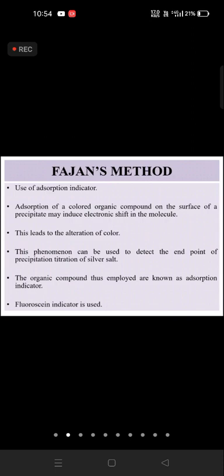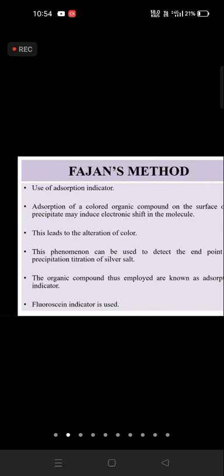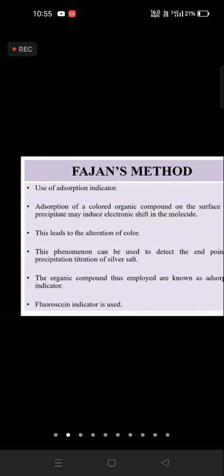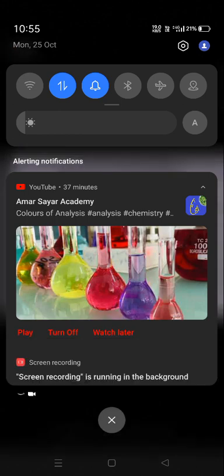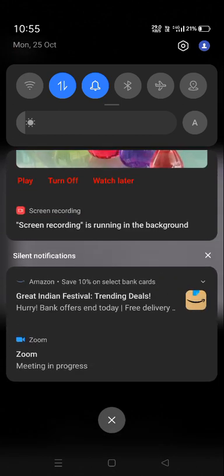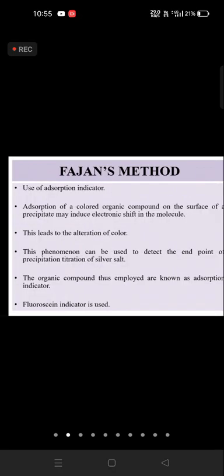But in case of Fajan's method, when you are using an adsorption indicator, the reaction of the indicator takes place on the surface of the solution. It is not going inside the solution. It is on the surface, and that helps in the induction of the electronic shift in the molecule. Since the indicator acts on the surface of the solution, it is termed the adsorption indicator.